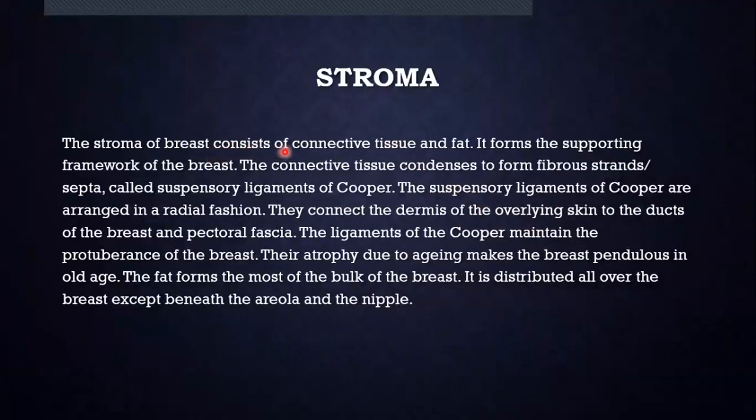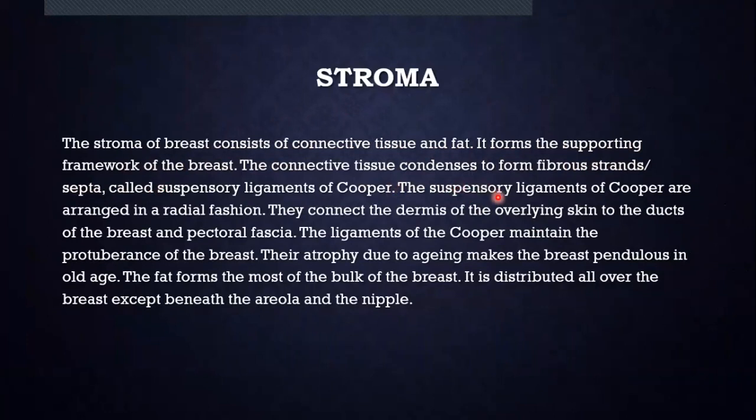Now, the stroma of the breast consists of connective tissue and fat. It forms the supporting framework of the breast. Now, the connective tissue condenses to form fibrous strands, septa, which are known as the suspensory ligaments of Astley Cooper.